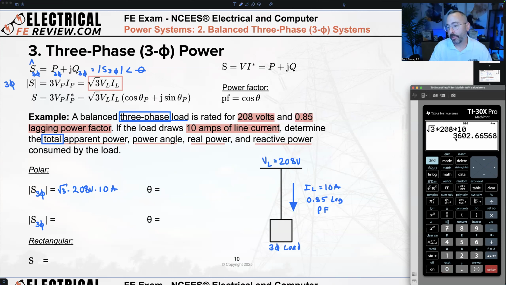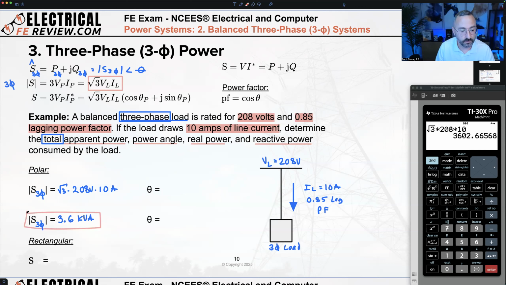Looking at my calculator, 3,603, rounding to the nearest unit, not watts, voltamps. Or I could call that 3.6 kilovoltamps. Either answer is acceptable since I didn't specify.